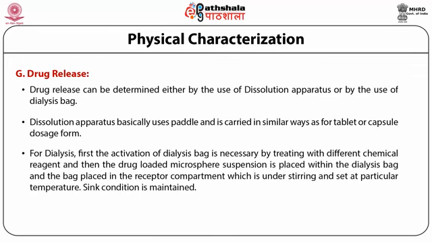For dialysis, first the activation of dialysis bag is necessary, which is done by treating with different chemical reagents, and then the drug-loaded microsphere suspension is placed within the dialysis bag, and the bag is placed in the receptor compartment, which is under stirring and set at particular temperature.